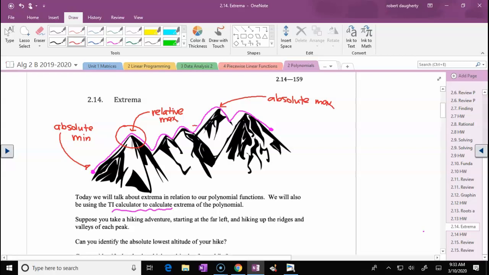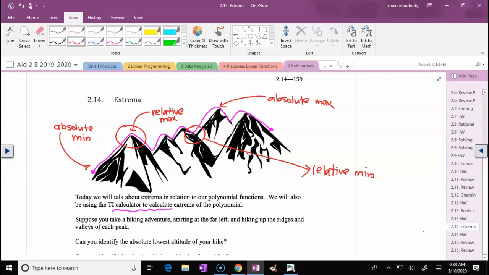I could draw another circle right here, and is there a spot in that circle that is the lowest point? Yeah, so that is called a relative min or minimum. So that's all the terminology we're going to be using today: an absolute max, an absolute min, a relative max, and a relative min.